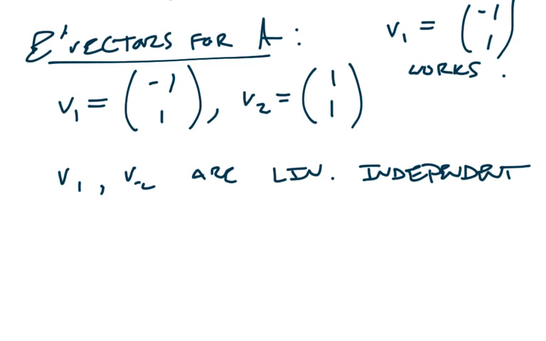It's not too hard to see. If you draw a picture of them, there's v2 and v1 looks like that. They don't point in the same direction, which means for two-dimensional vectors that they must be linearly independent.